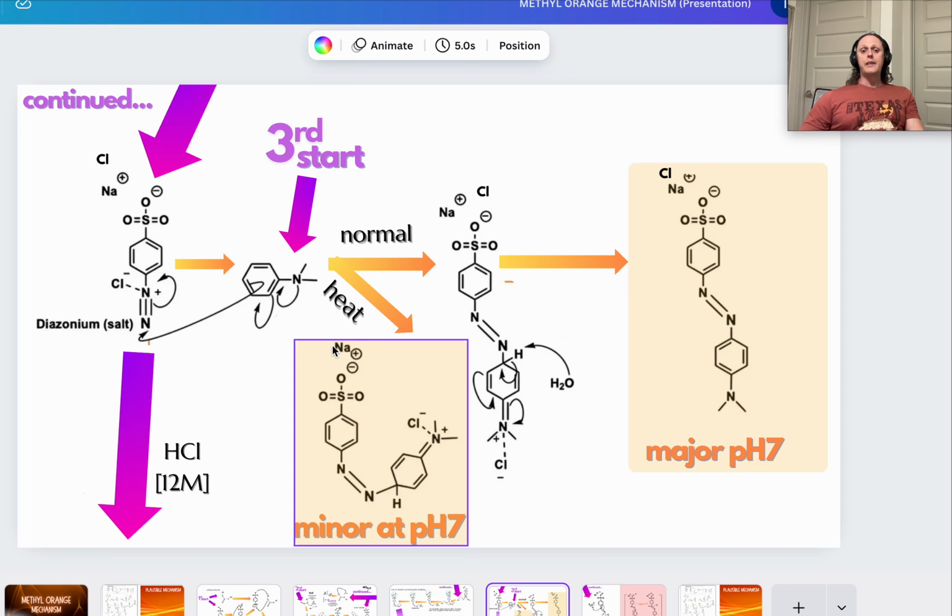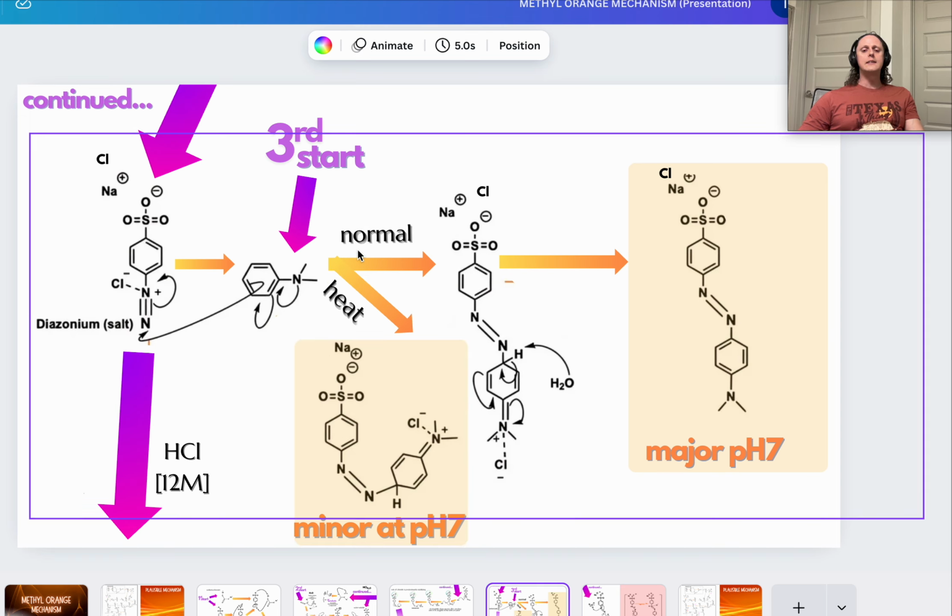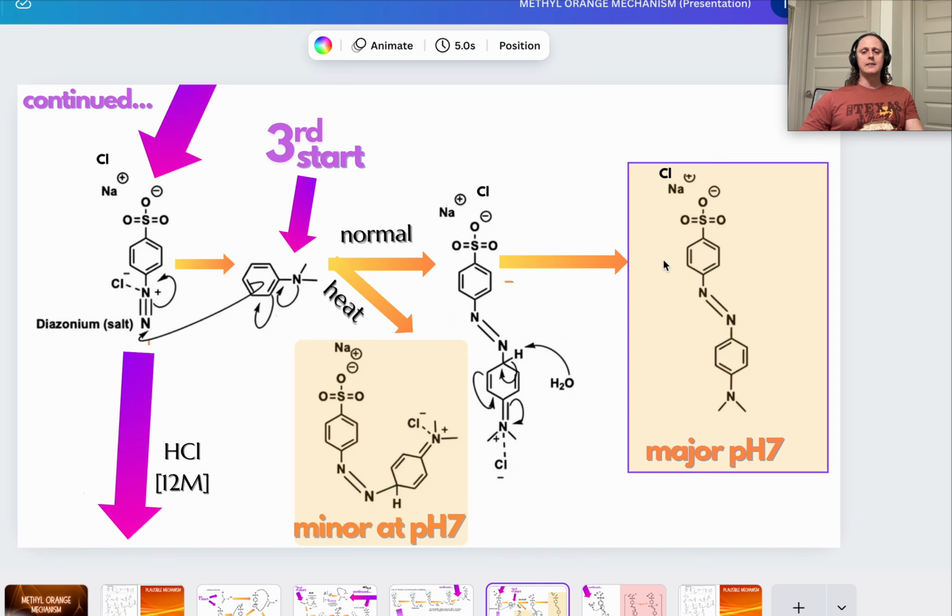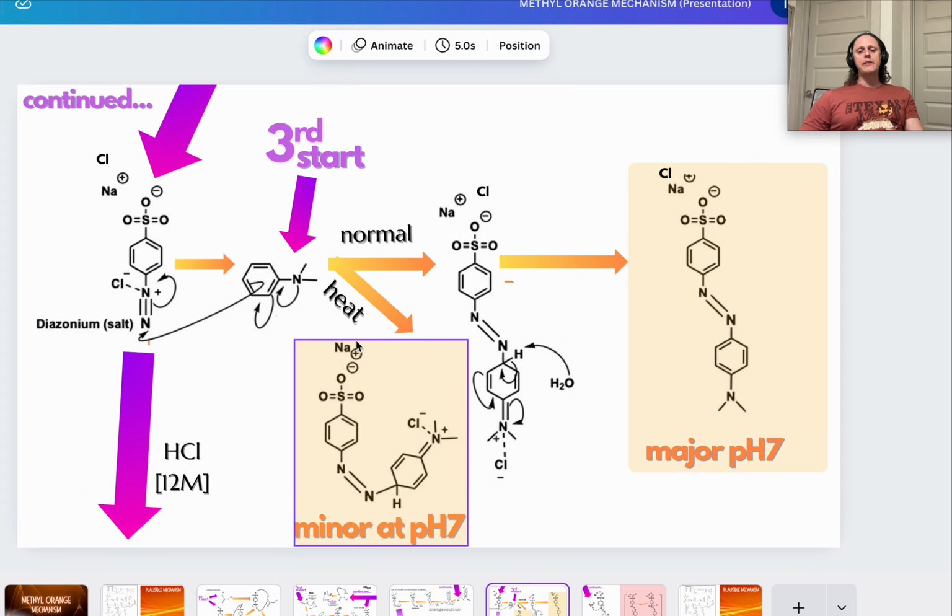So let's just stop here for now and finish this before we move on to the second possible product that you can make. Now, the neutral product can also be two products itself, where you have normal temperatures that makes a trans product like this. And in heat, we have a minor extra isomer that does also show up, which is the cis isomer, where it's more sterically inert at the diazonium area there.